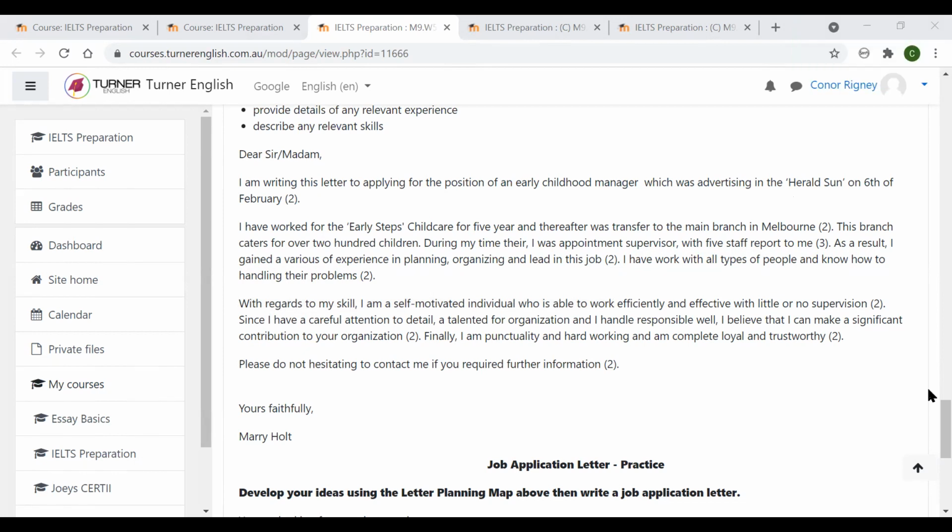Can we use "in regard to my skill"? You can, but "with regards to" is okay as well. But skill is a problem. What's wrong with skill? Skills, with S.